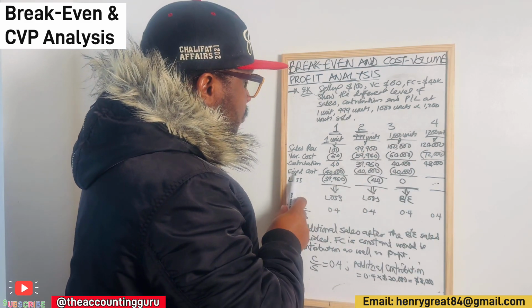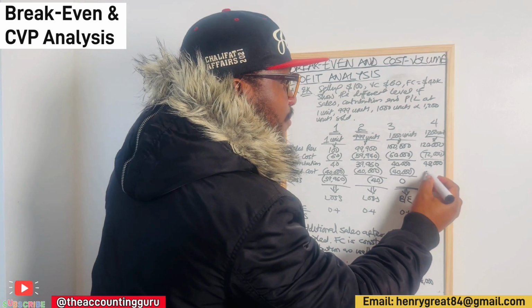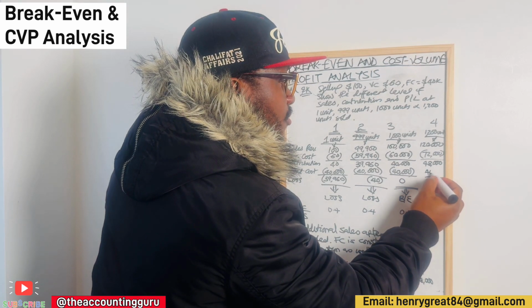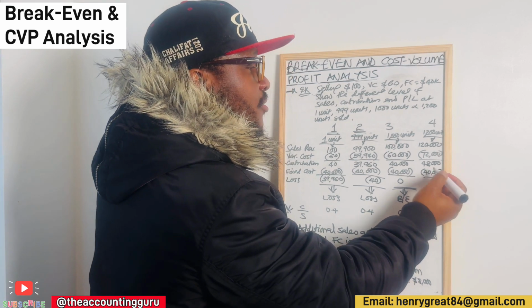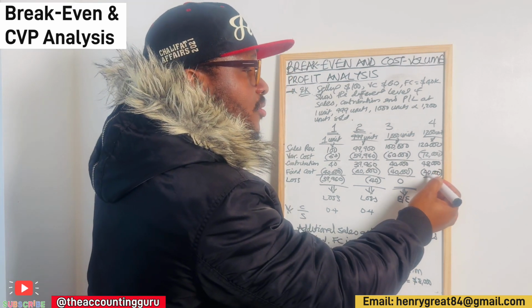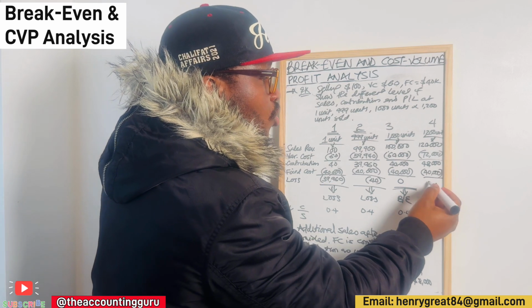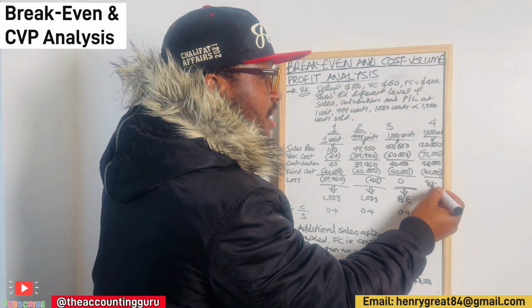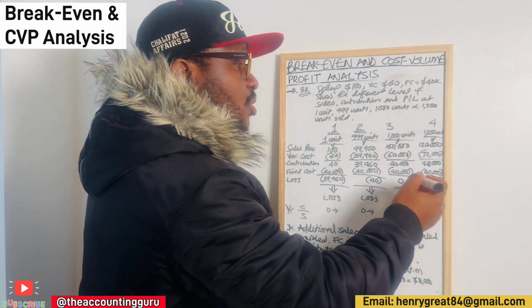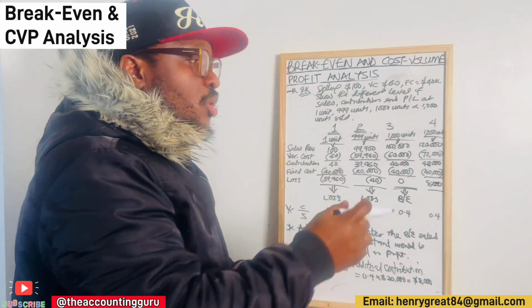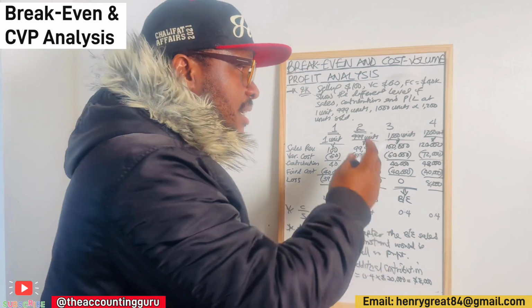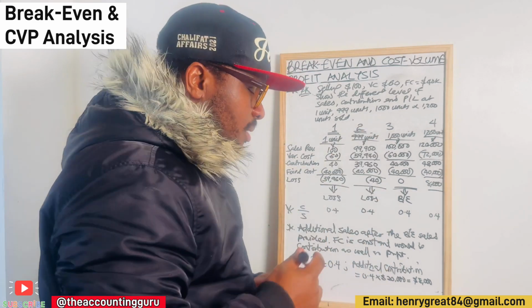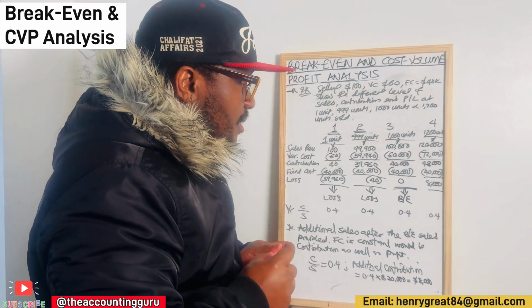Do not forget that fixed cost remains the same even in level 4. So 48,000 minus 40,000 fixed cost leaves that additional contribution of 8,000 as profit in level 4. I hope this is clear.